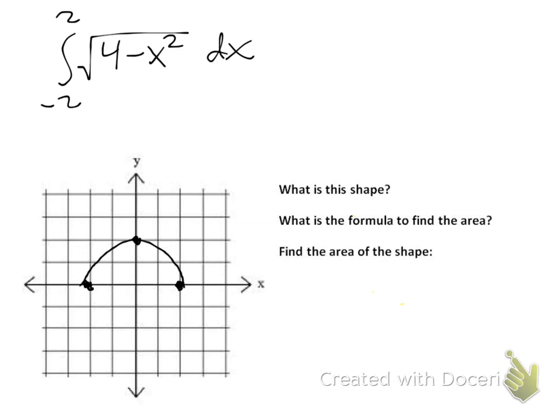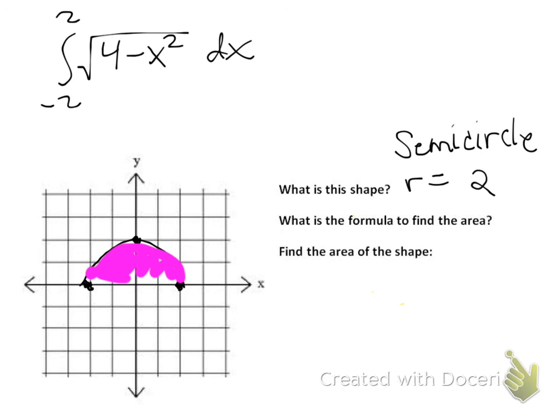Well, what is this shape called? This is a semicircle, or half a circle, and it has a radius of 2. I forgot to color my shape in. There we go. That makes me more happy. So what's the formula to find the area? Well, if this is half of a circle, what is the area of a circle?